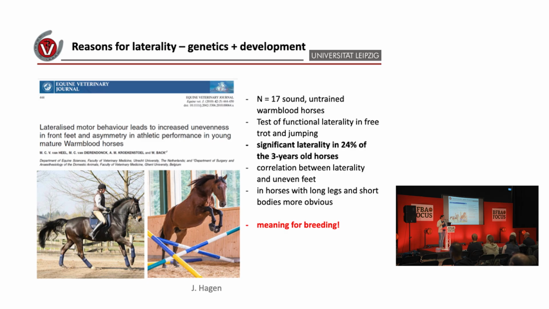Yeah, you can imagine if the foal by skeleton is actually more or less symmetrical, so we can exclude natural skewness, and it's just quite lateral, and during training, during growth, maybe the people start working the horse a little bit, this laterality usually becomes more obvious, and these young horses start slightly over months, sometimes a year, developing uneven angulation in the feet. This is usually a sign that you have a lateral horse next to you.